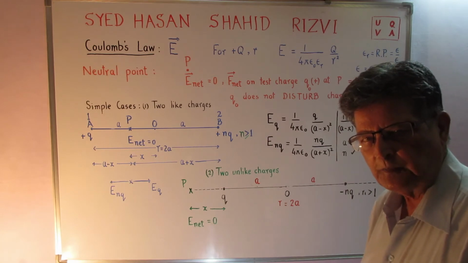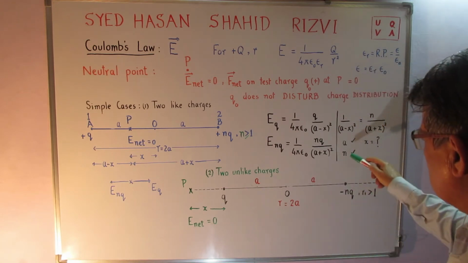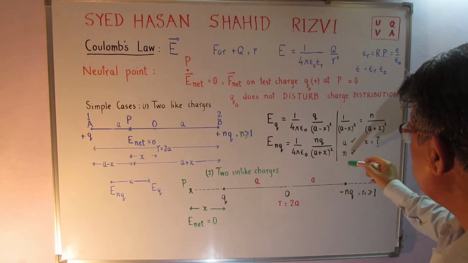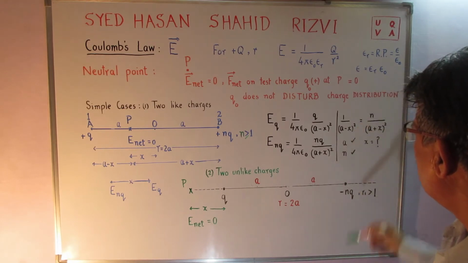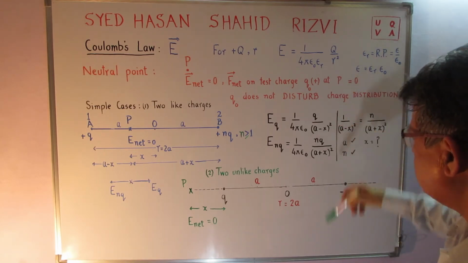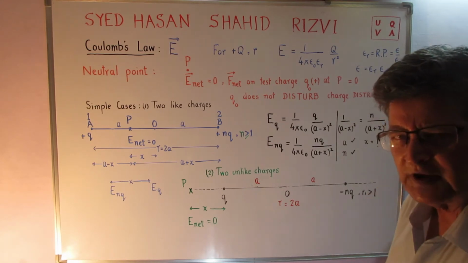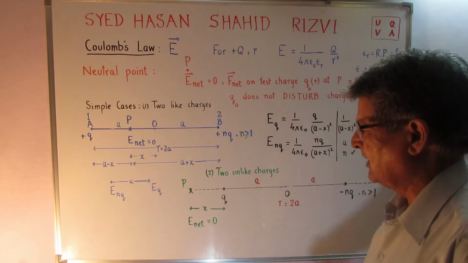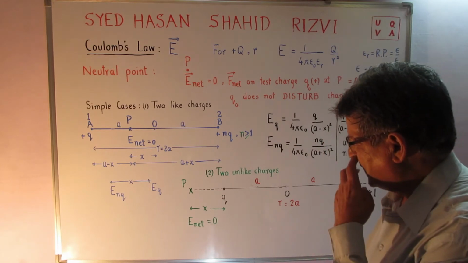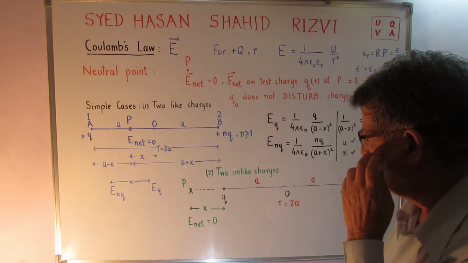A is known to us, N is known to us, and this is a simple algebraic equation, and you can calculate the value of X. There is no problem.